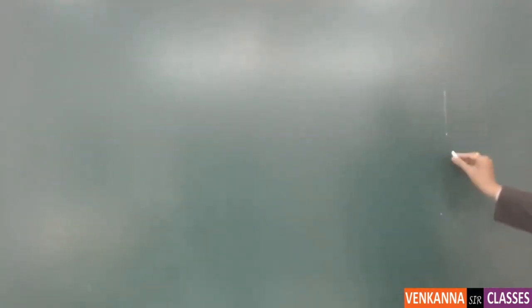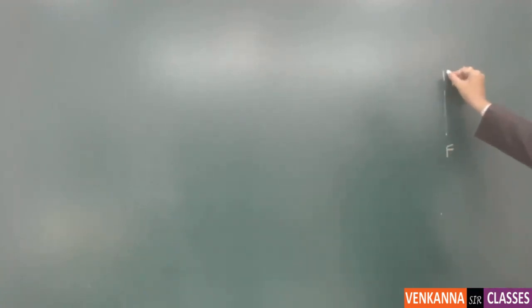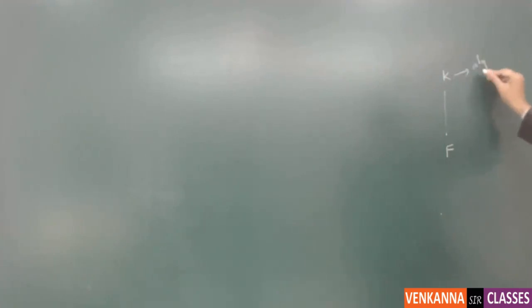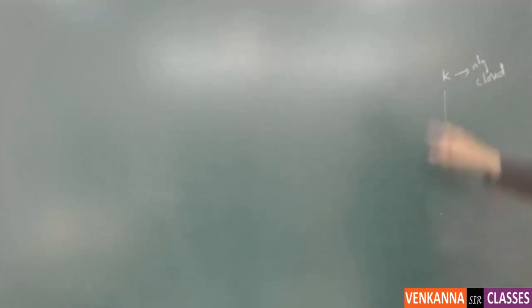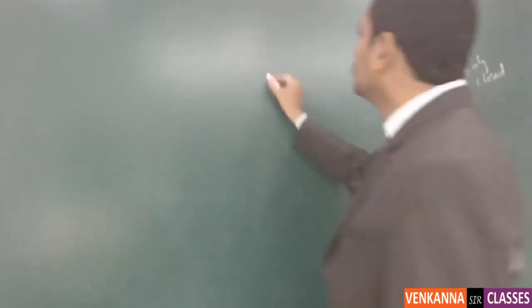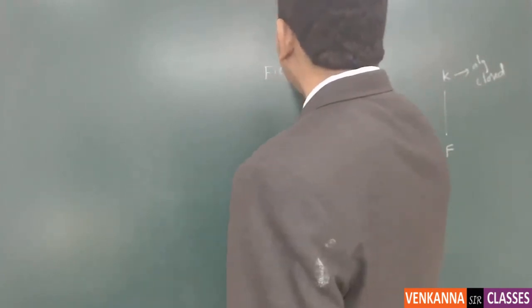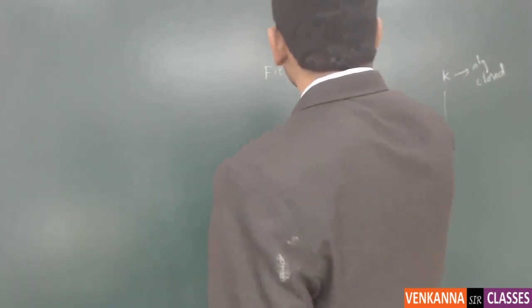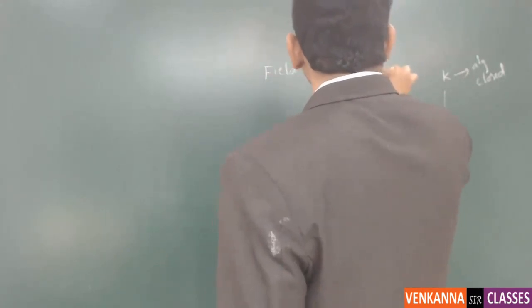Now see, you take a field F and you consider an extension K for F, and I am saying that this is algebraically closed. That means for this field you cannot extend it. Now I want to say that the field possesses algebraic closure.